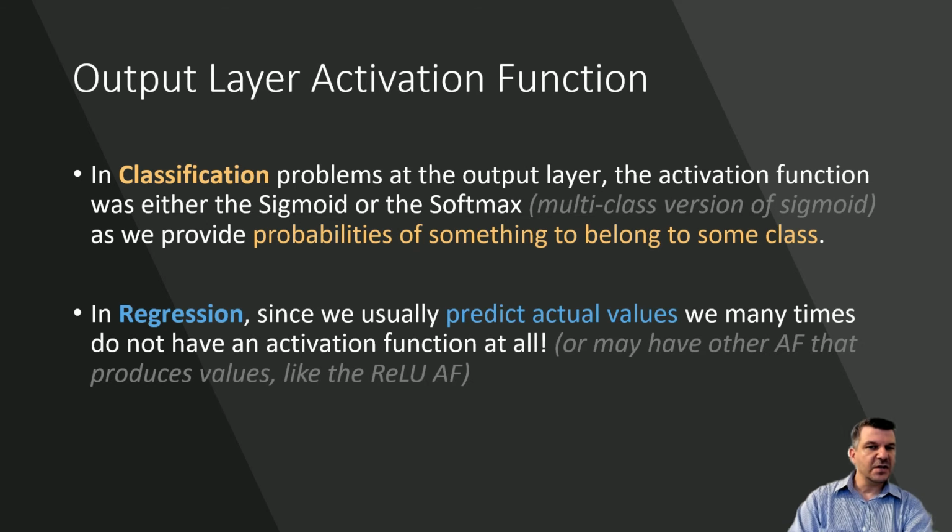So in regression, we might use another type of activation function like the ReLU, which produces values if the number is positive, or we might not even use an activation function at all. We might just look at the final scores because those might be what we are after. So in regression problems we many times don't have an activation function at all, while in classification we always have a sigmoid or a softmax. That's another big difference between regression and classification: the activation function of the final layer.